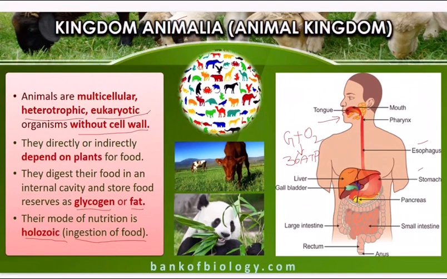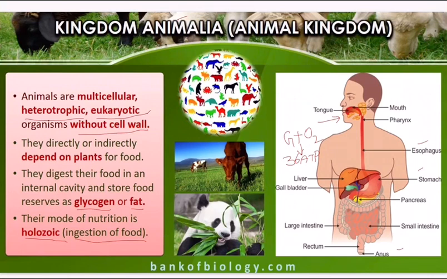Whatever food that is undigested, toxic, useless, will move to large intestine, and through large intestine, through rectum, through anus, the undigested, unwanted, waste, poisonous food will go out of the body through anus. We call this as excretion.